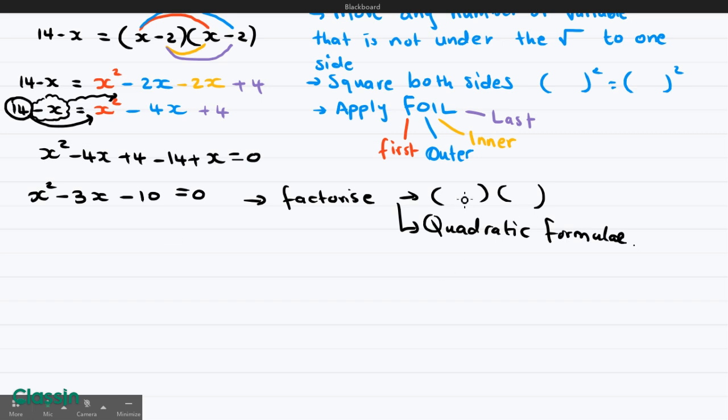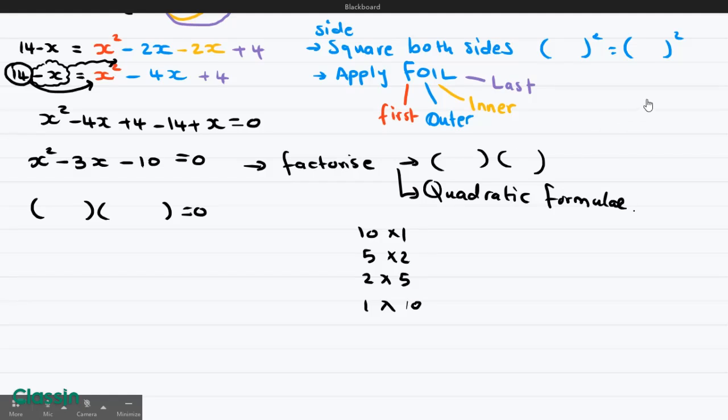So now if I use the brackets, it means that globally 2 brackets. What are the factors of negative 10 that will give you negative 3? So factors of 10: 10 by 1, 5 by 2, 2 by 5, 1 by 10.